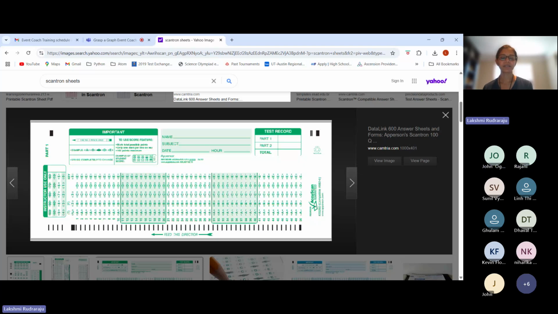One question, Lakshmi. In this one there is part 1 and part 2. If there are 2 students in a team, will they get different answer sheets, or do they use only one answer sheet? In this event, there are two different parts. Part one is where there are multiple choice questions, and the Scantron is used only to answer the multiple choice questions in part one.